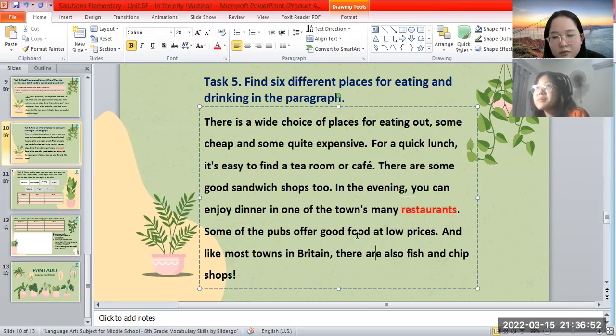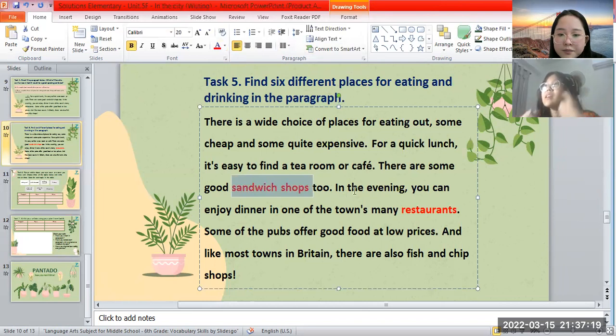Shops. So more specifically, it is sandwich shops and fish and chip shops.